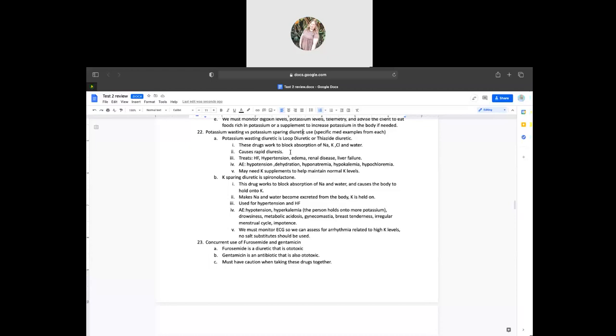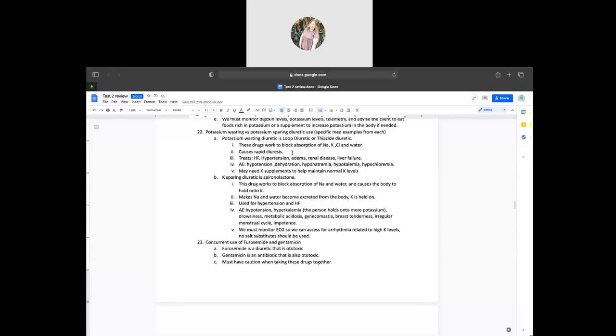So some of our adverse effects of these medications are going to be hypotension, low blood pressure because there's not enough fluid in the body, dehydration because we're ridding fluid of the body, hyponatremia because we're ridding sodium of the body, hypokalemia because we're ridding potassium of the body, and hypochloremia because we're ridding chloride of the body.